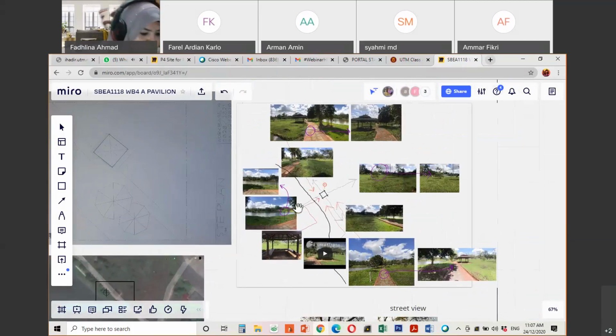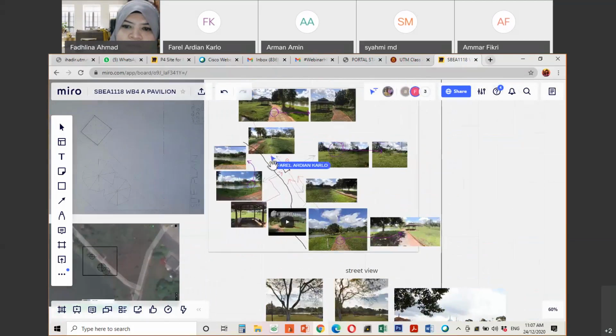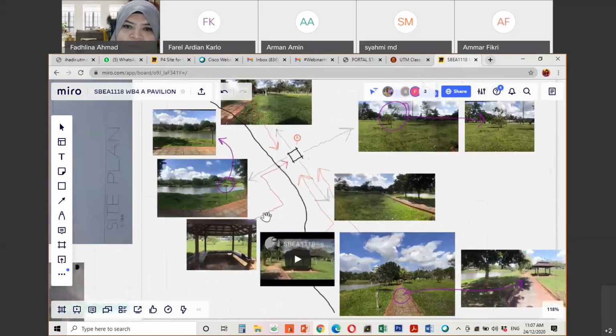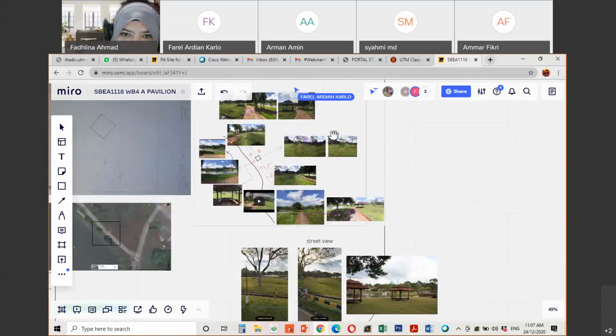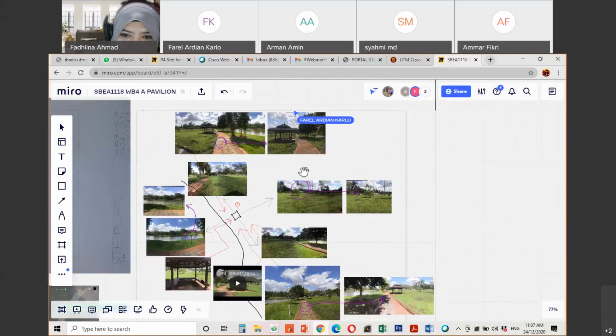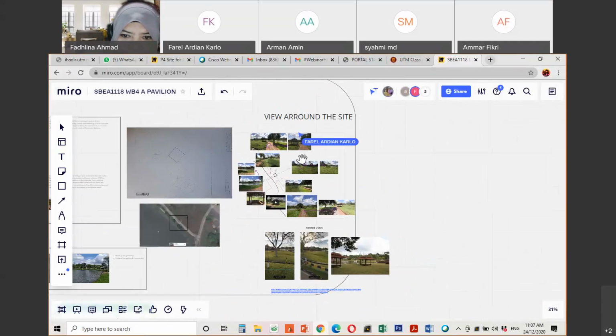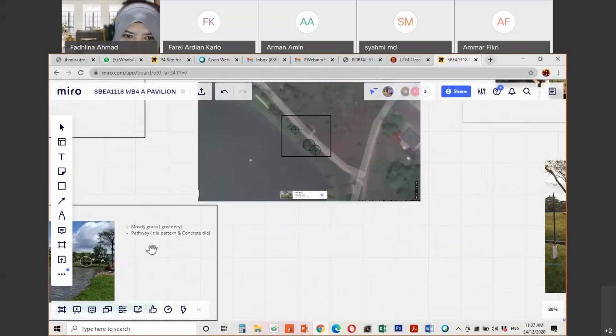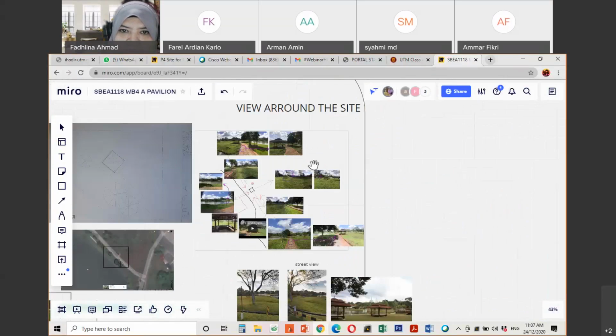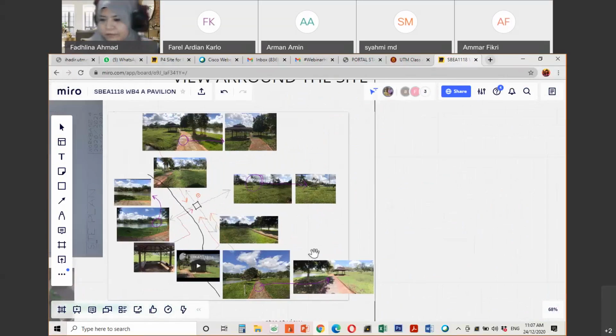And there are many trees surrounding the wakaf, which provide shade when the sun is out, so students can stay under the trees to have their recreation. That's all I think that I know.